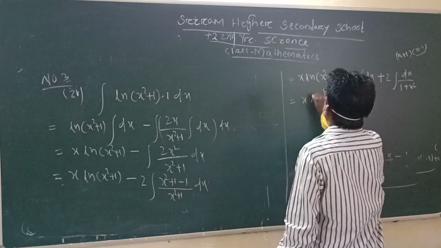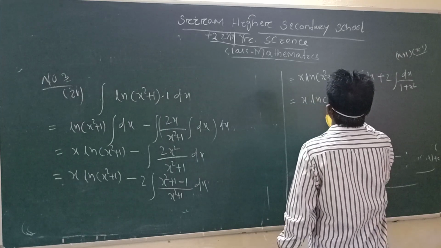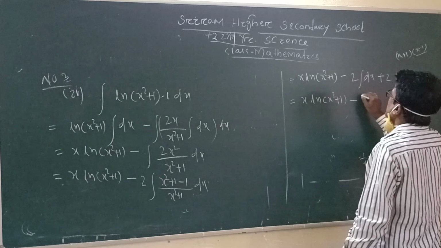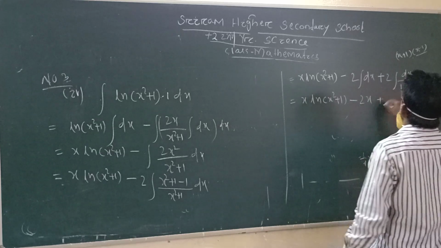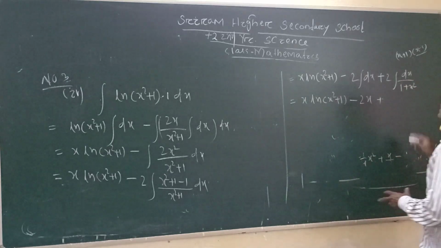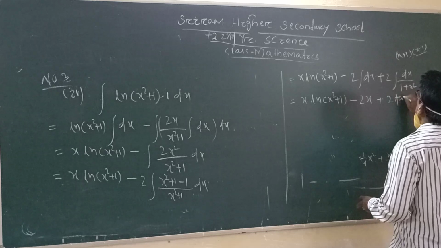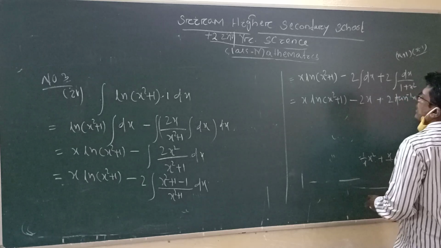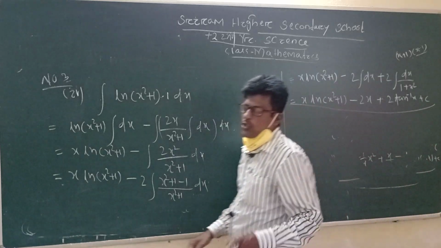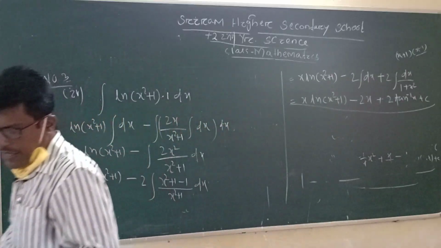Just look: x ln(x square plus 1) minus the integration of 2 dx is equal to 2x, but the integration of dx by 1 plus x square is equal to tan inverse x, so 2 tan inverse x plus c. That is your answer of this number 4.